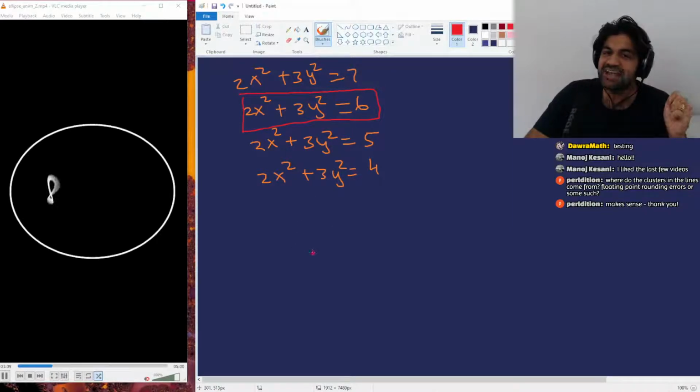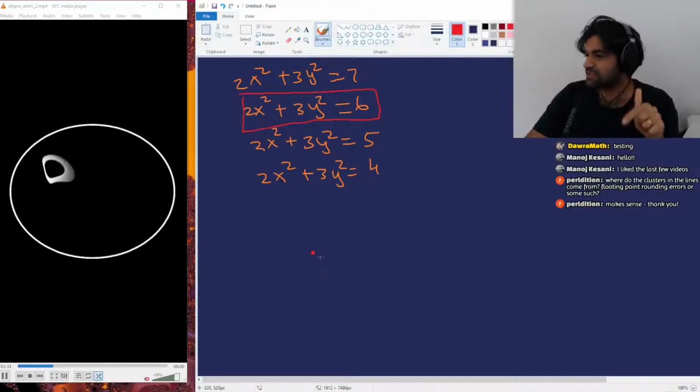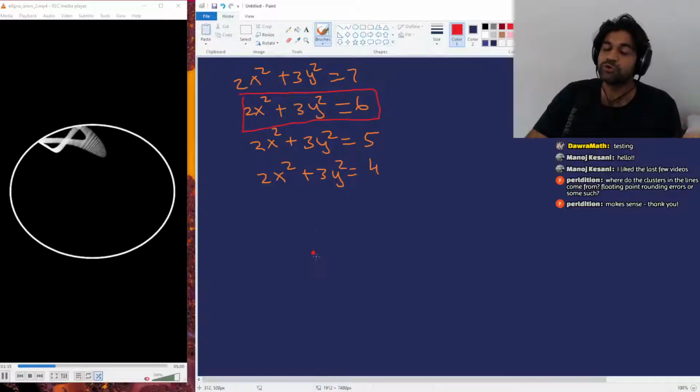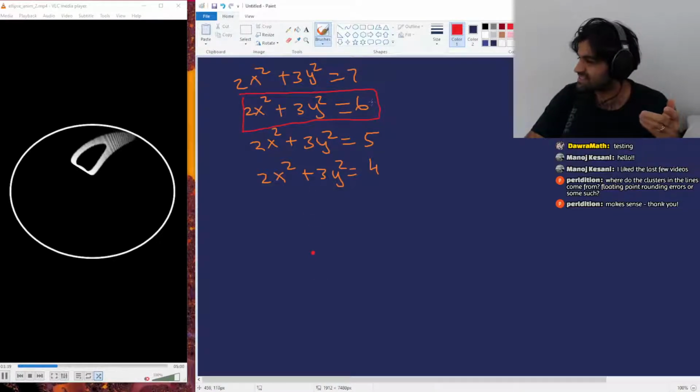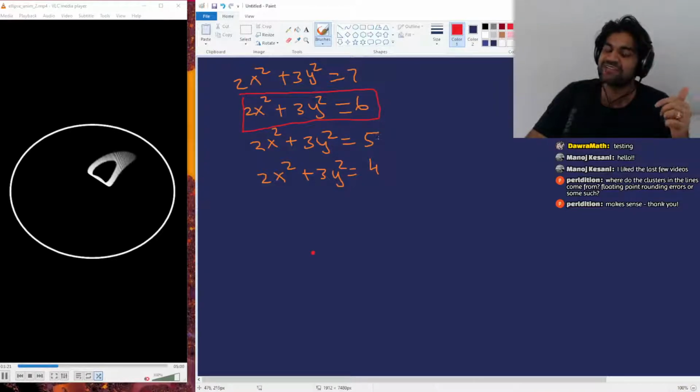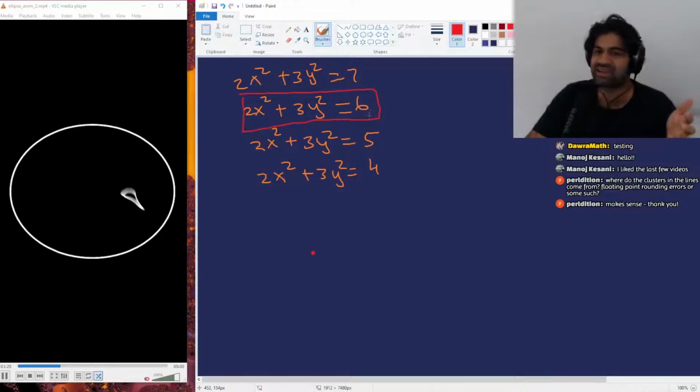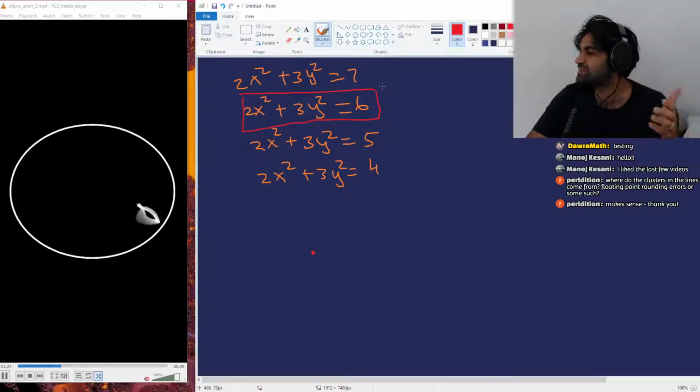So essentially, I know that any particular point is going to be really close to the ellipse if 2x squared plus 3y squared at that point evaluates really close to 6. You see that? So if it's evaluating to like 5.9, I know I'm getting close. And if it evaluates to 6.1, I know I went over.